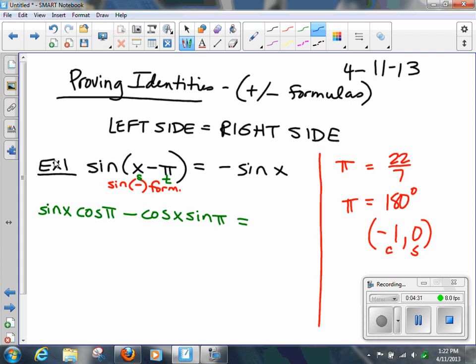Do we have some substitutions that we can make? The cosine of pi, what is the cosine of pi? The cosine's negative 1, isn't it? And what's the sine of pi? That's 0. So we're going to substitute everything else, bring it down.